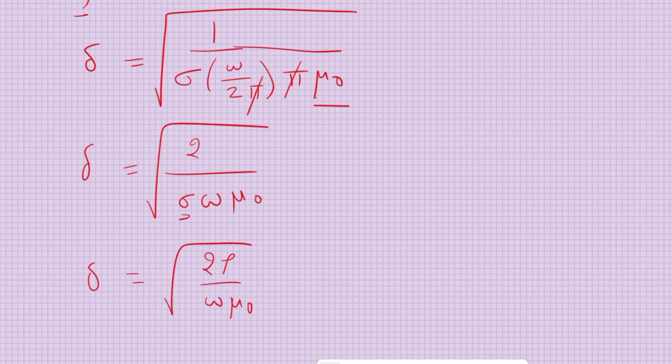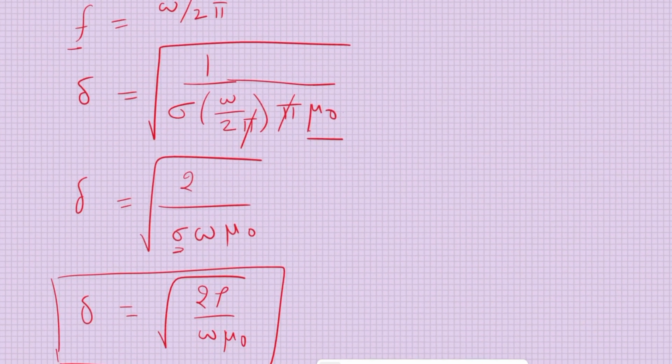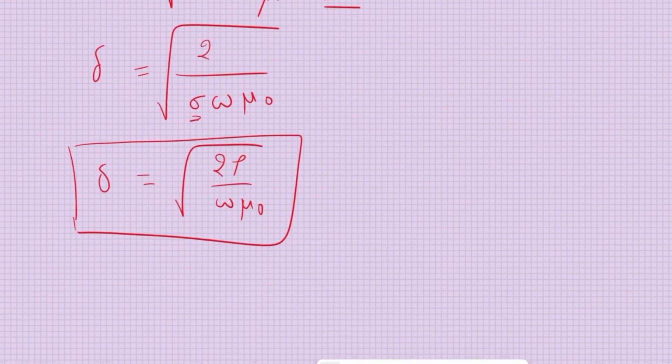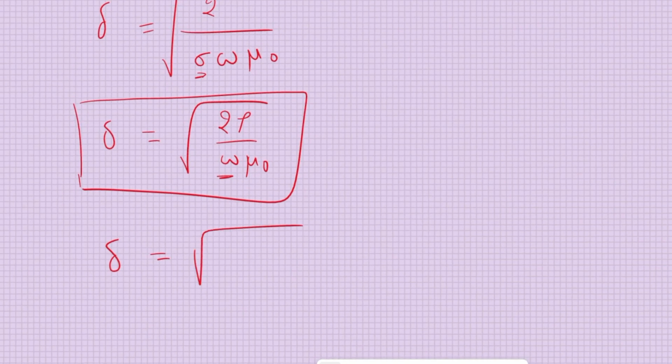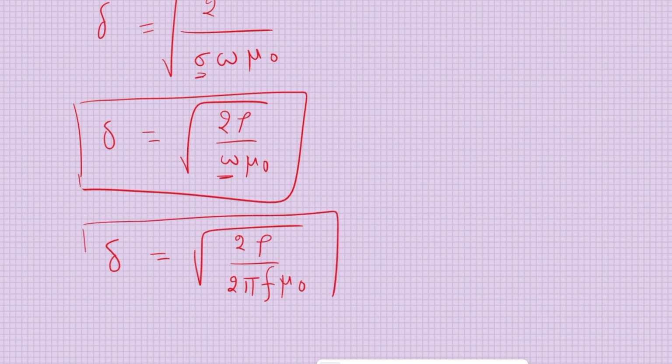Apart from that, omega is equal to 2 pi f, so in place of omega I replace 2 pi f, reverting back to frequency. That gives me the root of 2 rho divided by 2 pi f mu naught. This is the final relation we have.